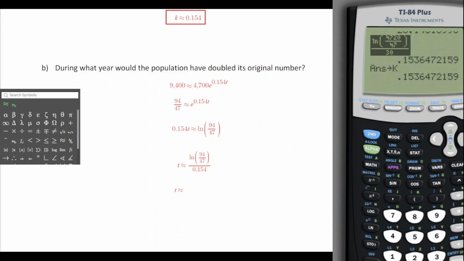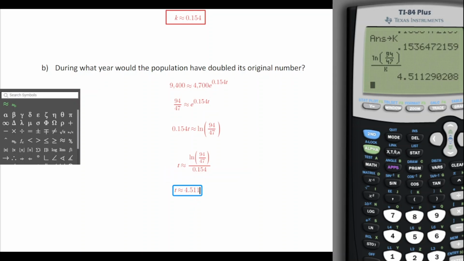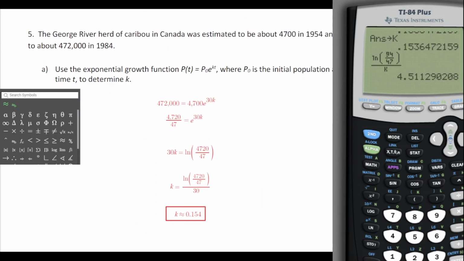So now I'm going to say the natural log of 94 over 47. Really, this is just like 2, right? It should be double. Over k. So we'll do k, and then if it's worth it, we can go back and see what happens if I use that rounded answer. So I get about 4.511. So it's this many years after 1954.